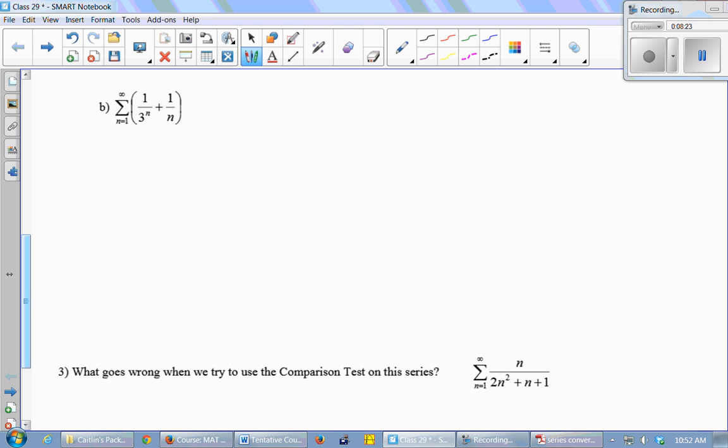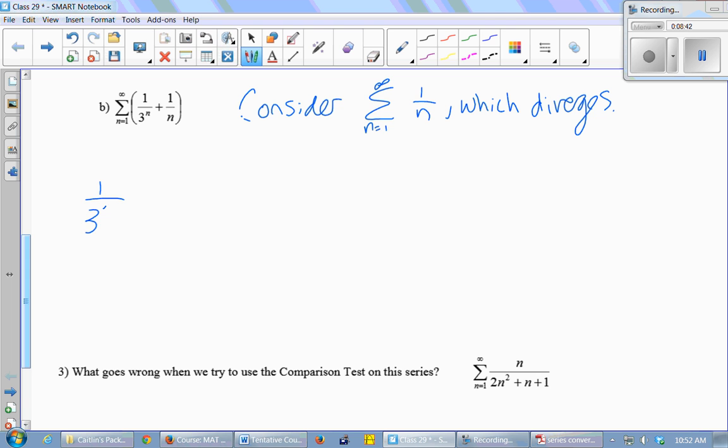Okay, so I'm going to compare this to the sum of 1/n, which we know diverges. And then I'm going to look at the terms of my sum. The terms of my sum are always going to be bigger or smaller than the terms of 1/n.